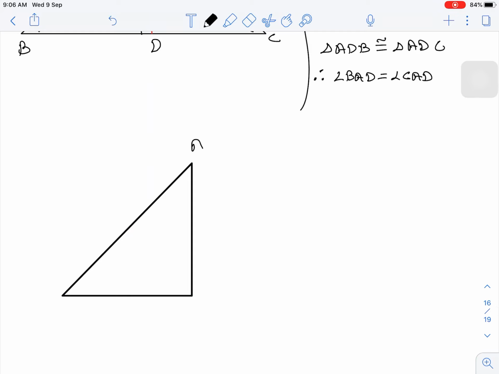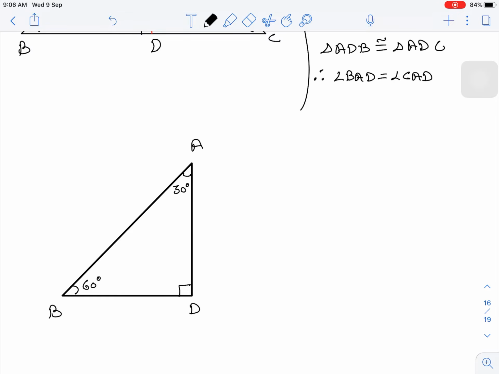So now in this triangle ADB, angle B is 60 degree, angle A is 30 degree and this angle D is 90 degree.